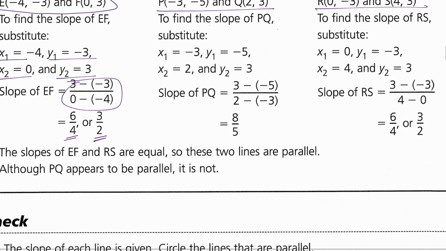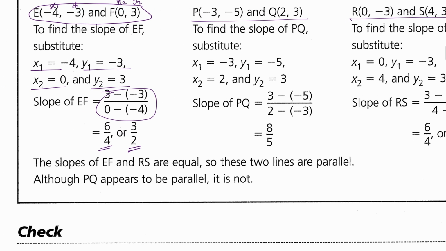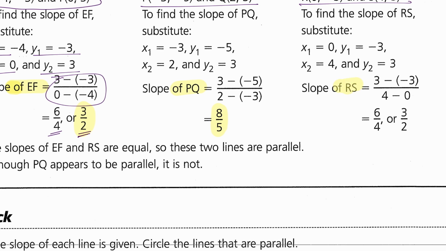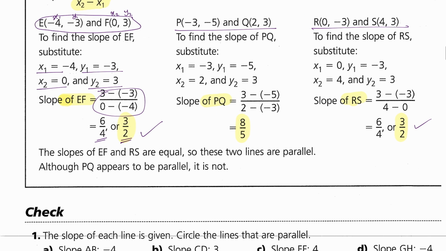Now we can compare the results. Here, the slope of EF is 3 over 2. Slope of PQ is 8 over 5. And slope of RS is 3 over 2. So it is evident that these two are the same, which means the slopes of EF and RS are equal.